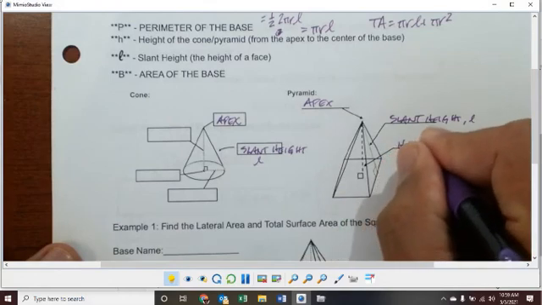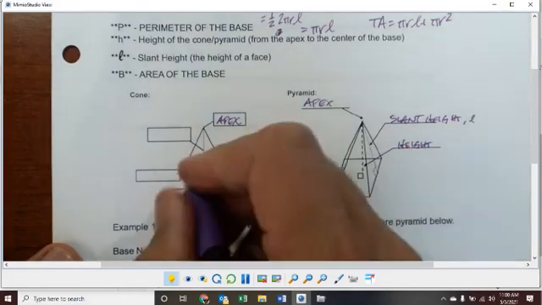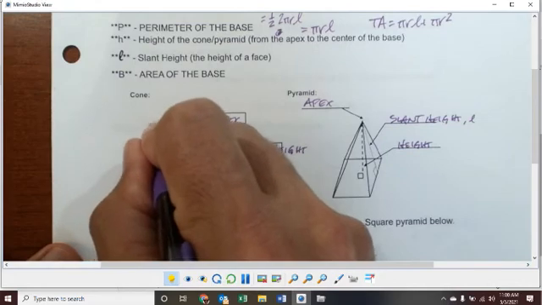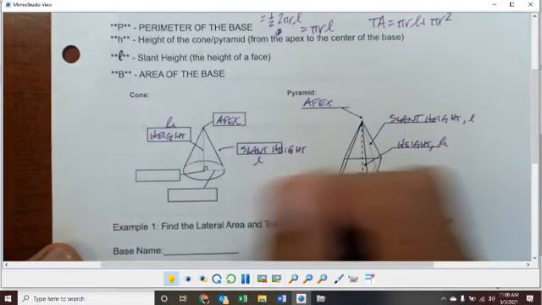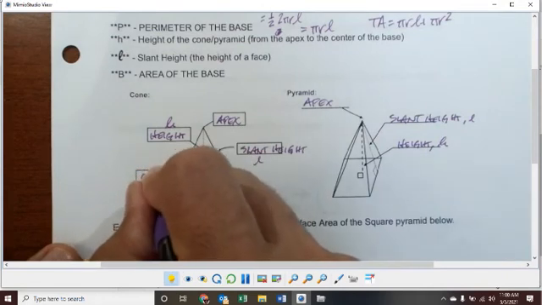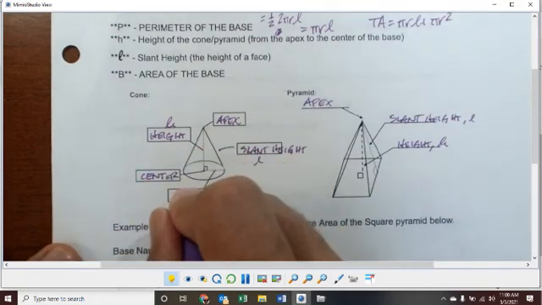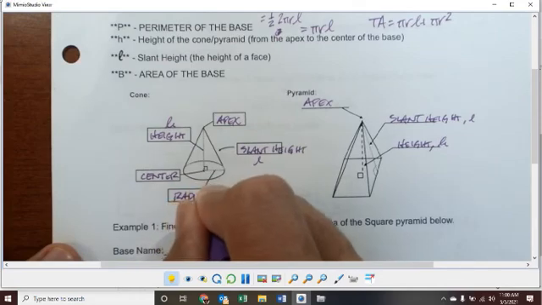The vertical distance from the apex to the base is just the height, which is given as h. This is the center of our cone, and of course this is the radius, which is r.